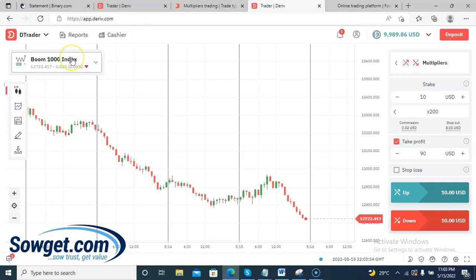So once you log in, the DTrader is the platform that we'll be using because that's the web version for you to trade on your Deriv account. They also have other platforms.